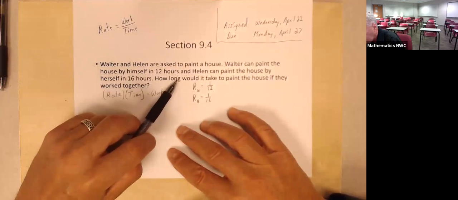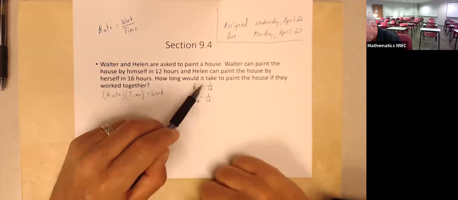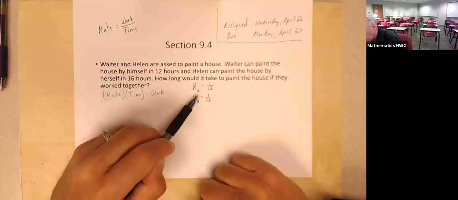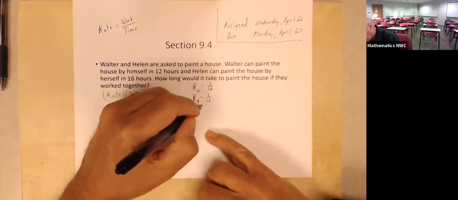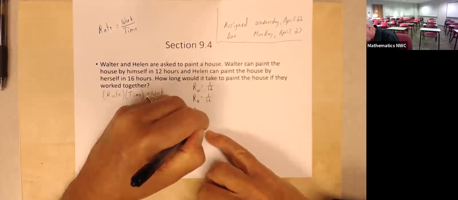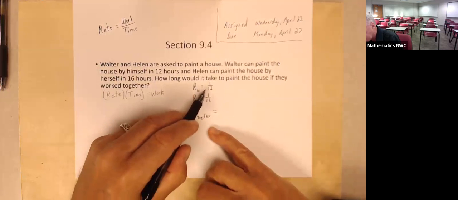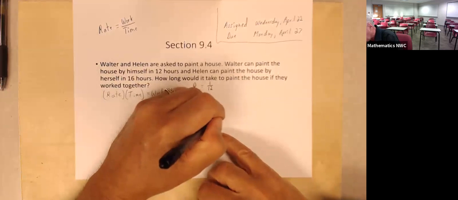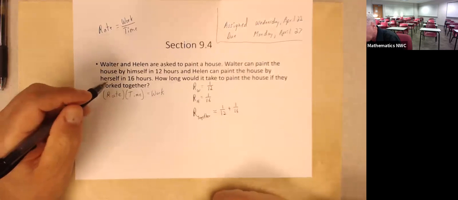Now I want to know how long it would take to paint the house if they work together. Well, if they work together, we add these rates because they're putting them together. So our rate together is going to be these two put together, 1/12 plus 1/16.